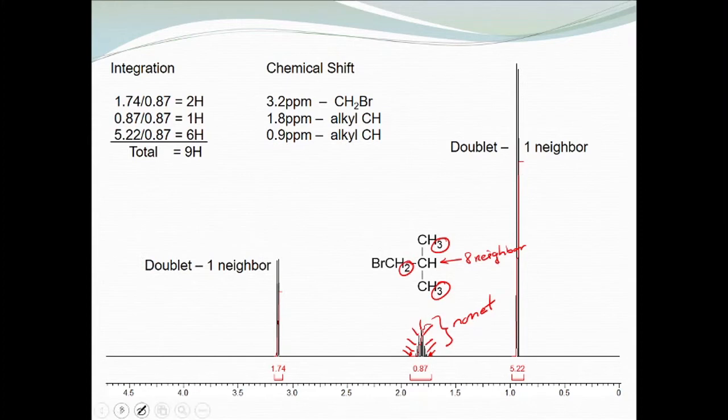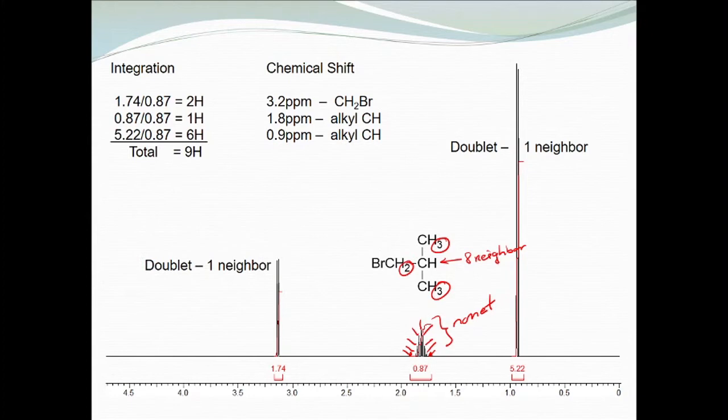Now when you do your analysis, you do need to do what I've just done, go through the integration, the chemical shift to determine which peak has the bromine on it or which carbon, and then finally put the pieces together with the splitting.